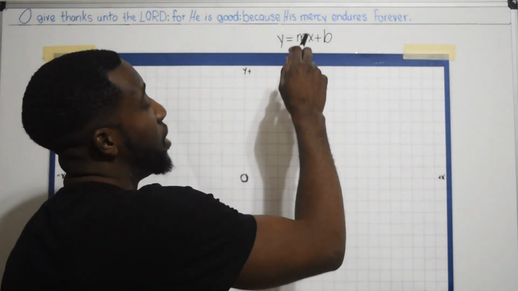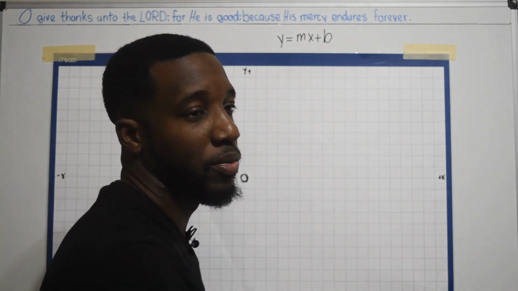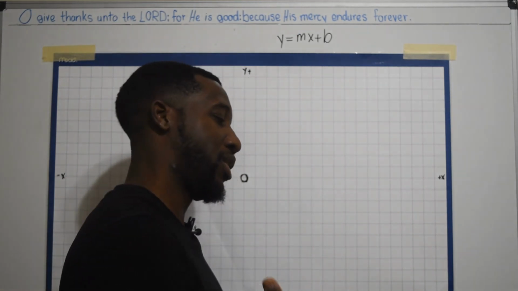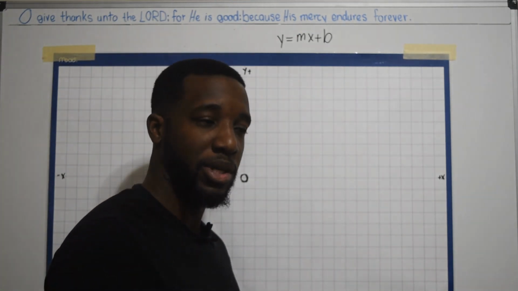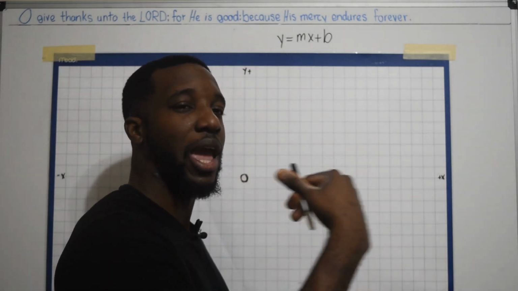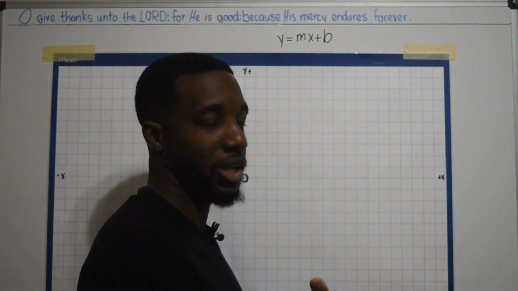Now the m is going to be the slope and the b is going to be your y-intercept. Now what is slope? A slope is just a measure of steepness. Mathematically speaking, it's the change in y over the change in x.